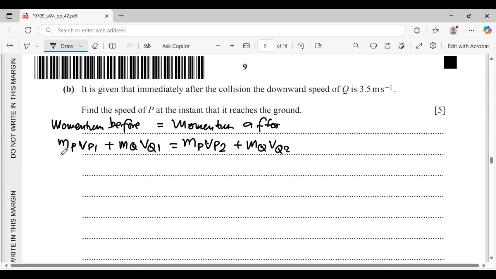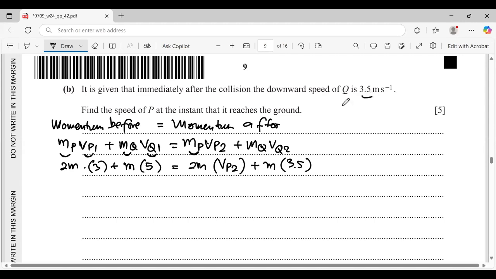Right. So this is 2M, and this one is 3, and Q is M, 1M, and this is 5, and this one is 2M. Okay, it is vP2. We are going to find the velocity of particle P after collision, and mQ is M, and this is 3.5 based on this information.